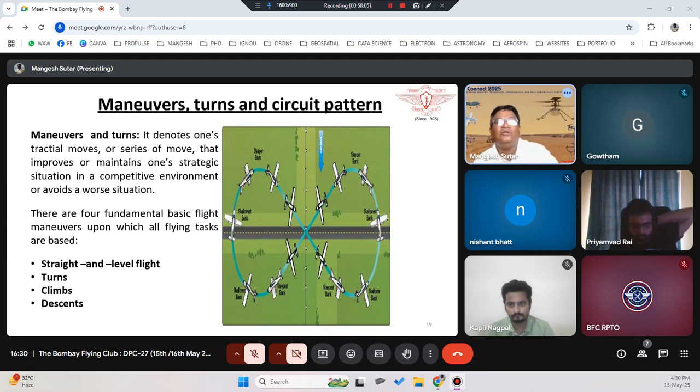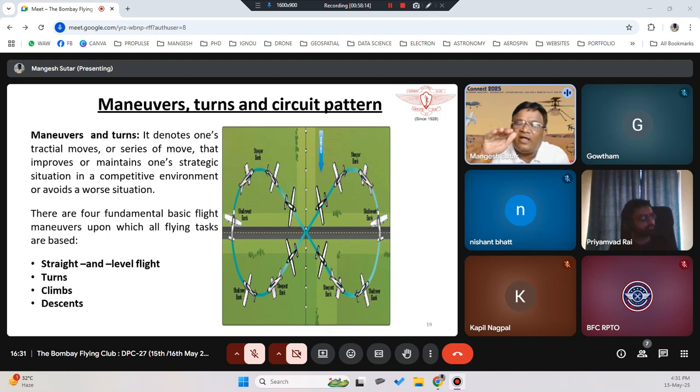If we have to do any turns or climb, a lot depends upon the ATC instructions, or else I have to continuously fly my aeroplane on the approved flight plan only. For example, if there is turbulence, I may have to take a turn. That means I may have to bank to the right side or the left side, or turn completely, yaw.